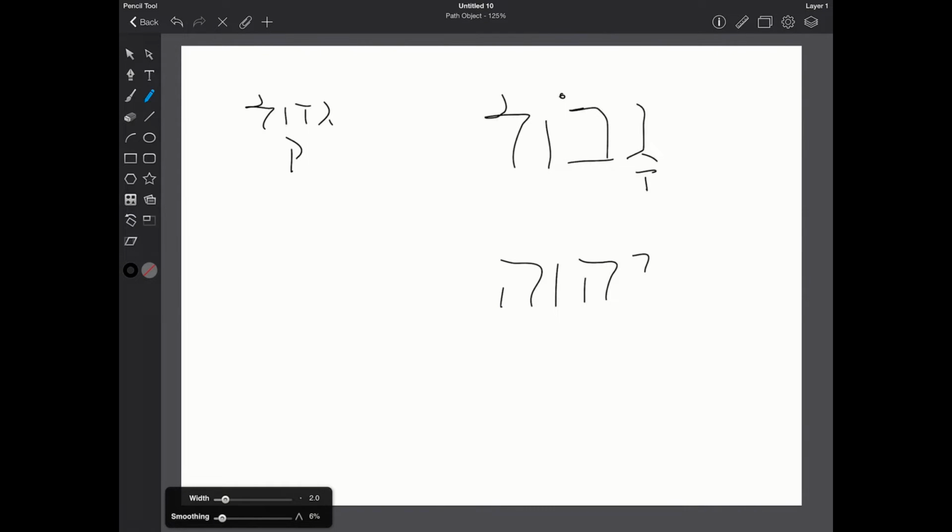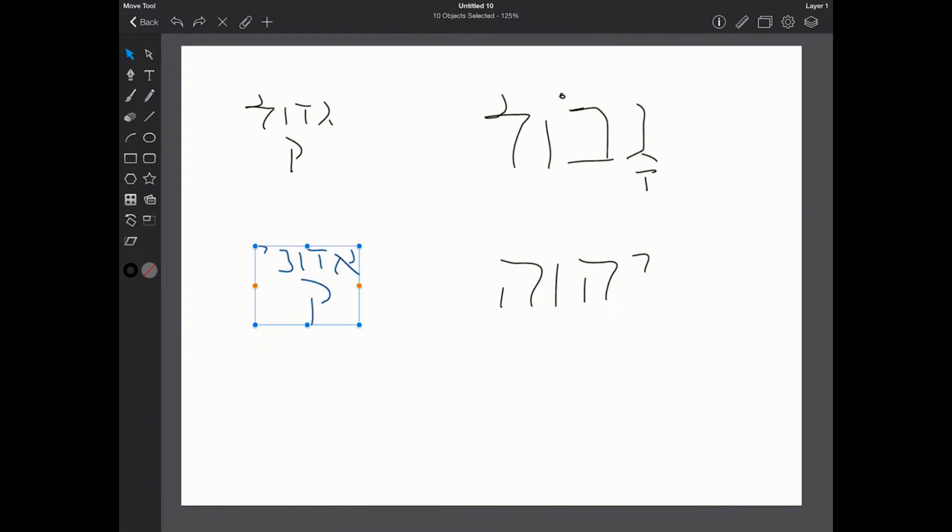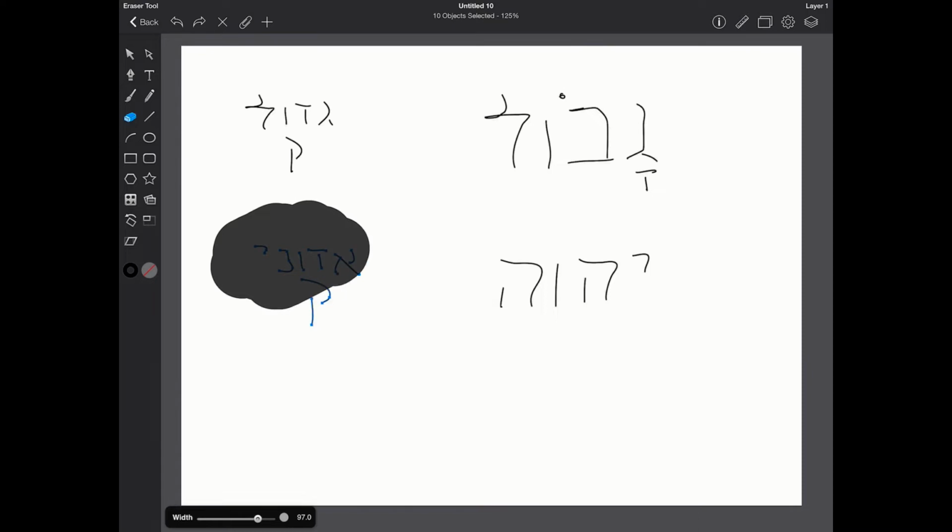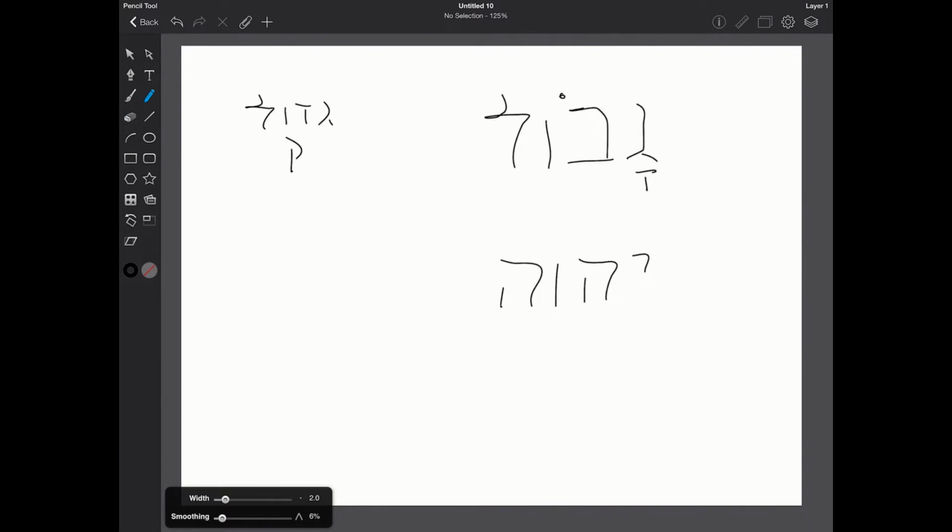But they happen so frequently that instead of going out here and writing this word, Adonai, they just said, you know what, they know what it's supposed to be. We're not going to put it out there. So instead, they just wrote these vowels. And these vowels, of course, do not go with those consonants.